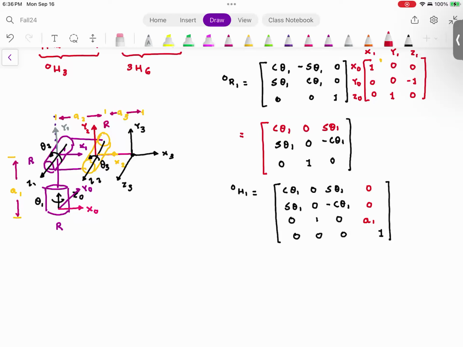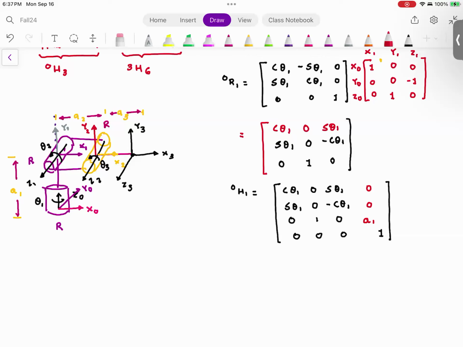Homogeneous transformation encodes the information about the rotation and the translation. The trick here is the translation between the previous frame and the next frame should be expressed in the coordinate frame of the previous frame. What do I mean? If you look at the second frame, you have y1, x1, z1, but that is not the coordinate frame that I'm going to choose.